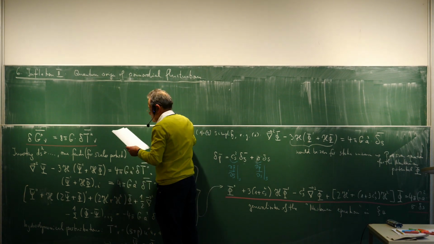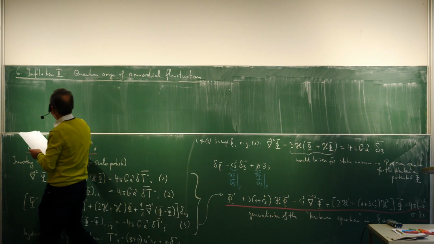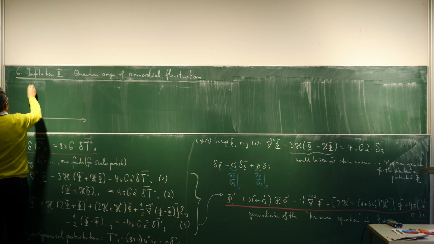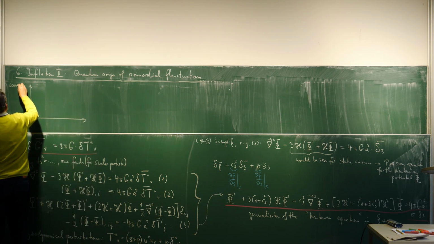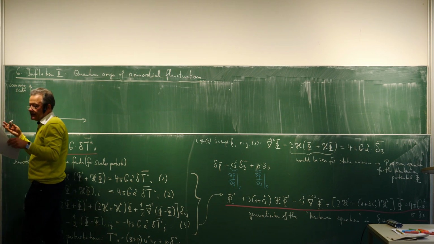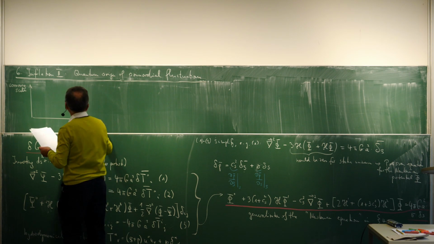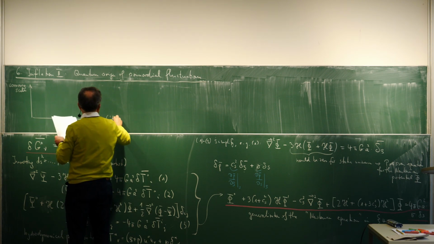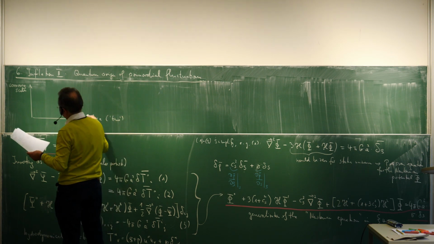Let us have a look at the various scales. So this is just a sketch. If I have here comoving scales, where the scale factor is factored out, over here the logarithm of the scale factor, you can say that's over time.